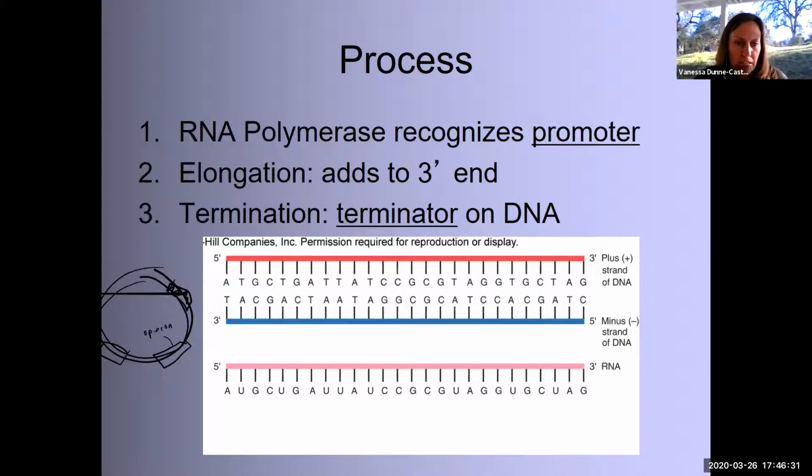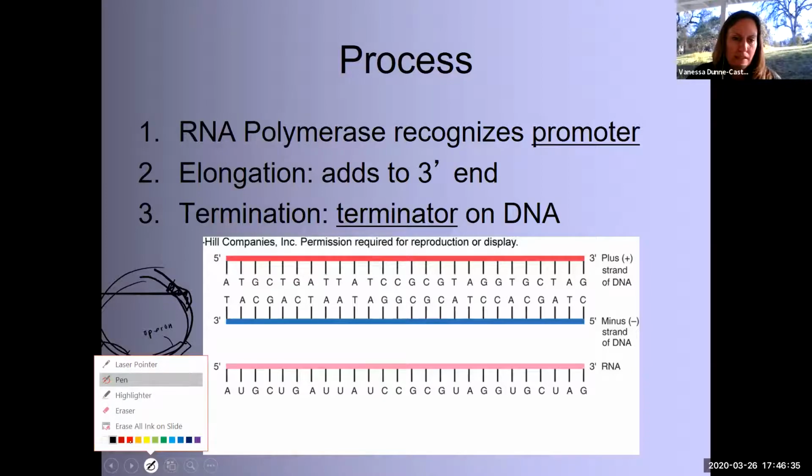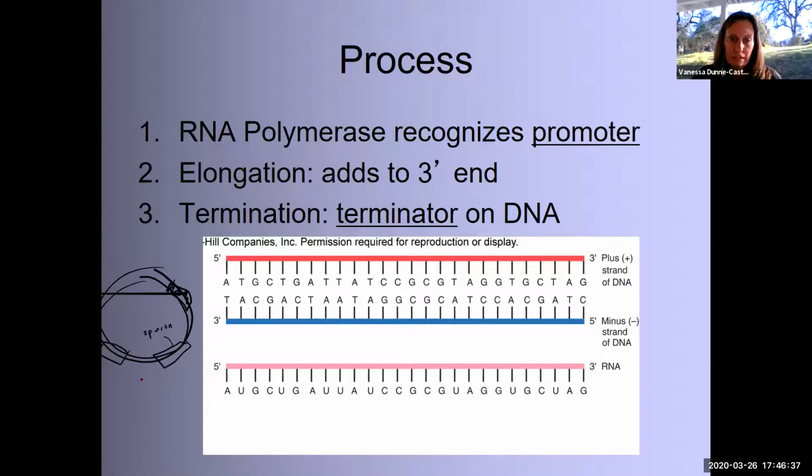Now for all of these gene segments, and this is true for eukaryotes and prokaryotes, the cell needs to know when to begin reading this and turning it into a protein. So for every gene segment or operon for prokaryotic cells, there is a region at the start of the gene that indicates the start of transcription.